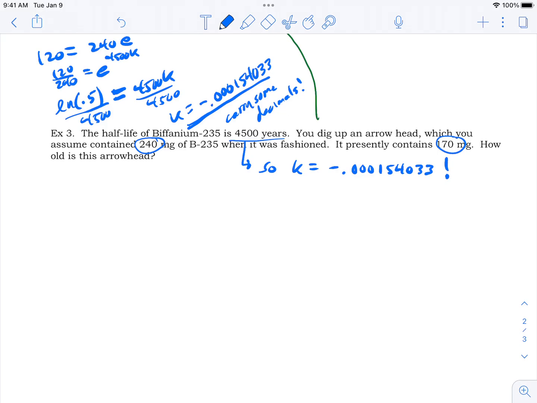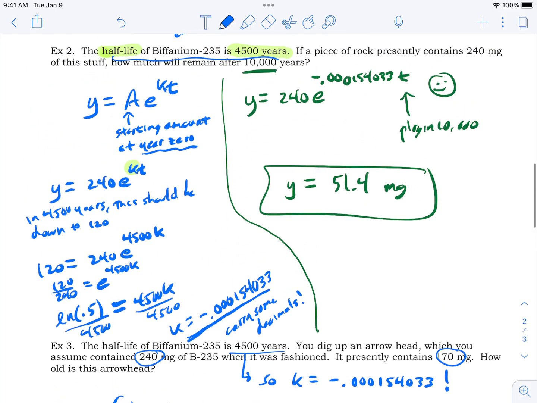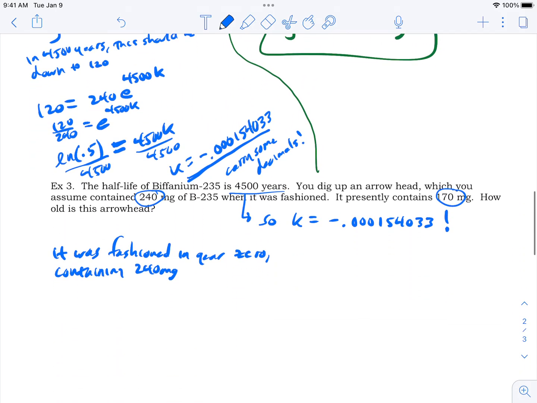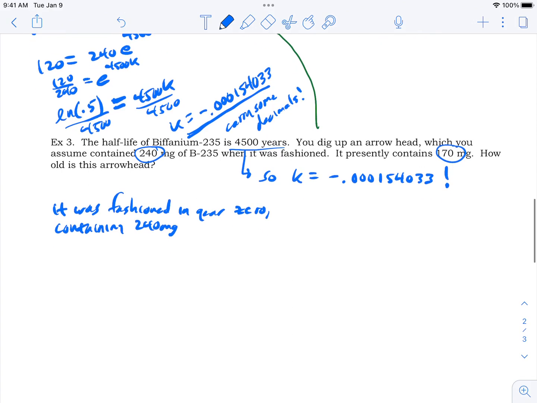Okay. It was fashioned in year 0. And at that time, it was containing 240 milligrams. Wait a minute. Is that the same thing we had up here? It is. How do you like that? So it was fashioned in year 0, containing 240 milligrams, which means our equation looks like this. 240 is the A, because that's what we started at.